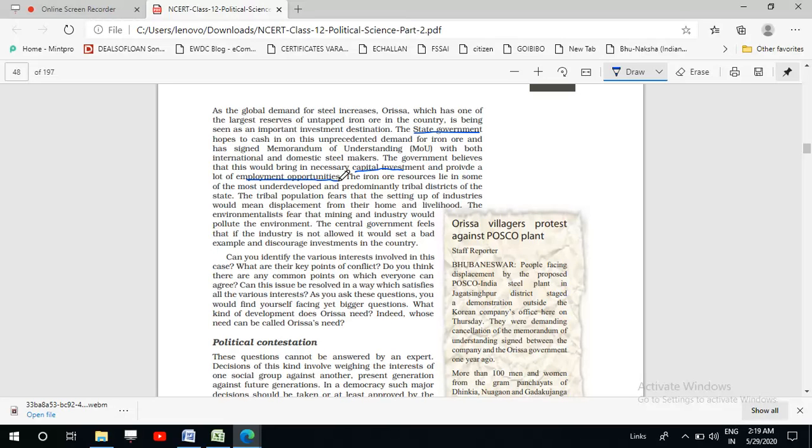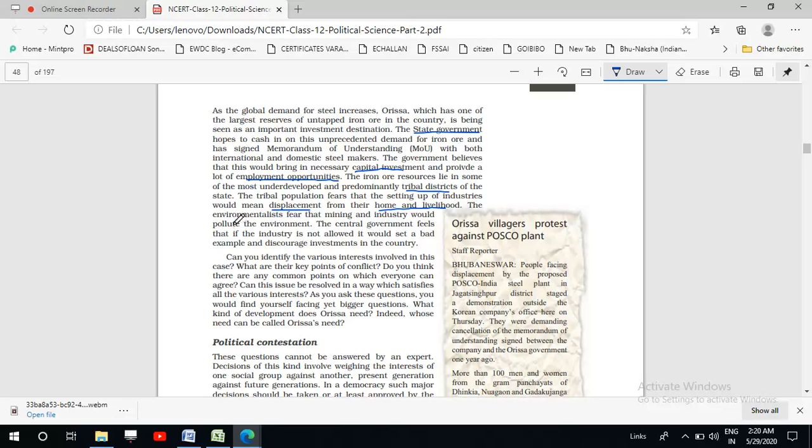Now we will see that these tribal people are also there, and they are against the activity of mining and setting up of industry, because they fear displacement, and because of displacement they will lose their home and livelihood. So these are the problems.